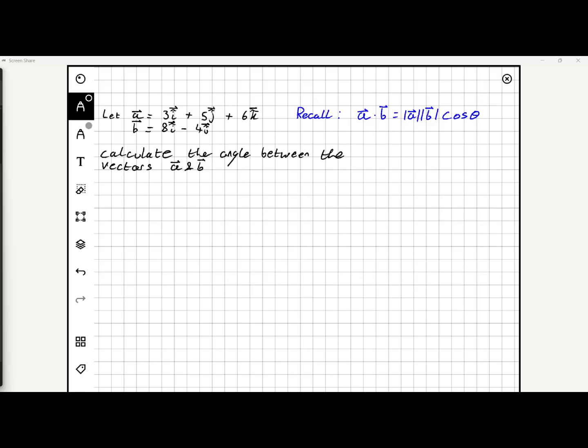So we can do some rearranging of this equation to find the angle between them. Simply divide by both the magnitudes of A and B to get that equal to the cosine of the angle, and then finally do the inverse cosine of the whole thing.